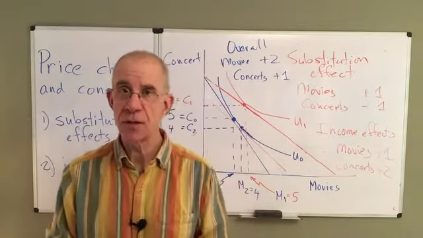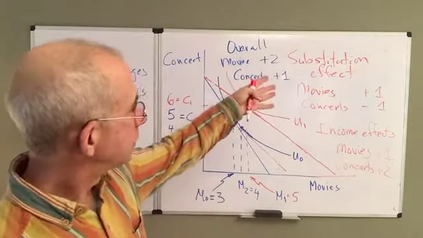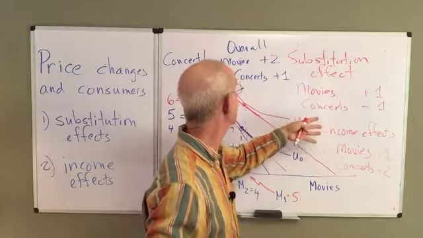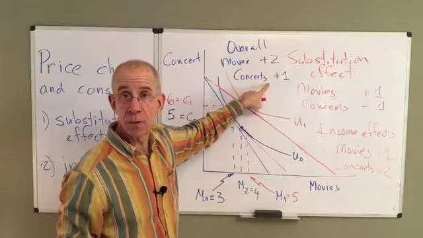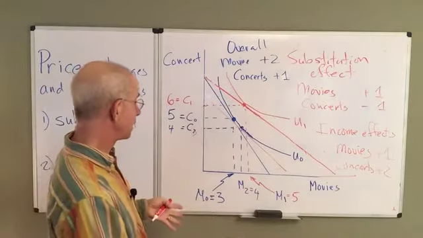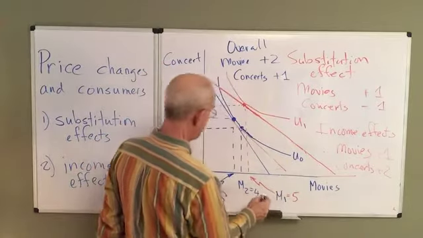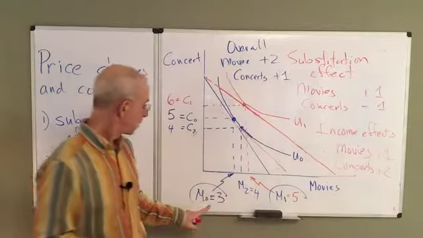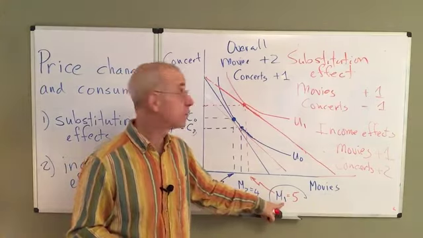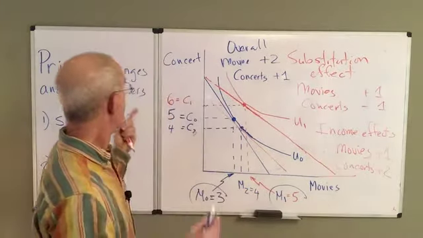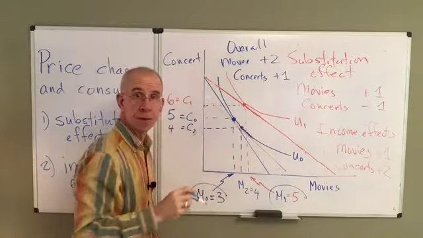So when you have the change in the price of one good, taking into account both the substitution and income effects, we're going to increase movie consumption by 2 units and concerts by 1. And again, that was the initial change. M0 is the initial consumption of movies. M1 is the final new consumption of movies. It's +2. For concerts, you go from 5 to 6, so you increase by 1.